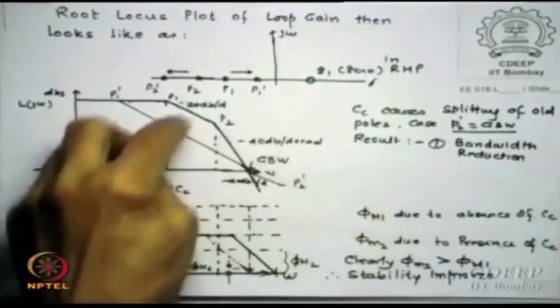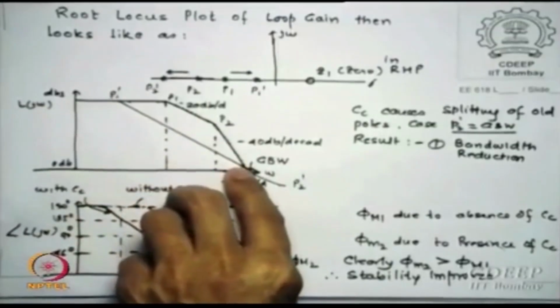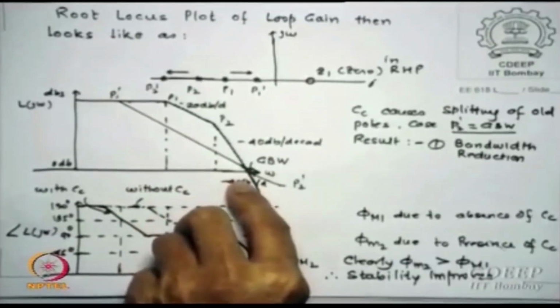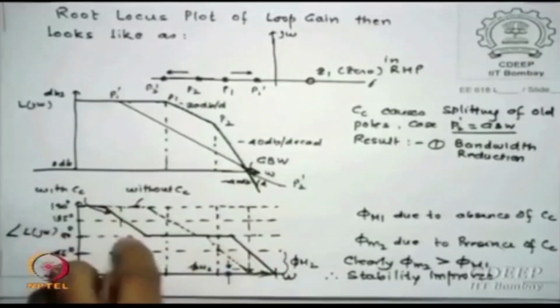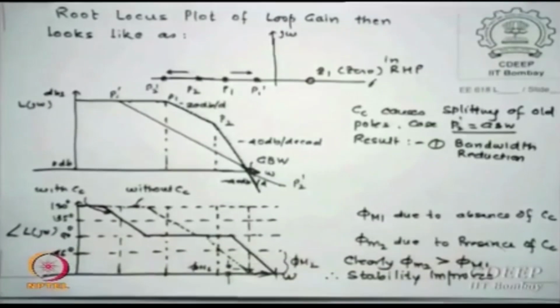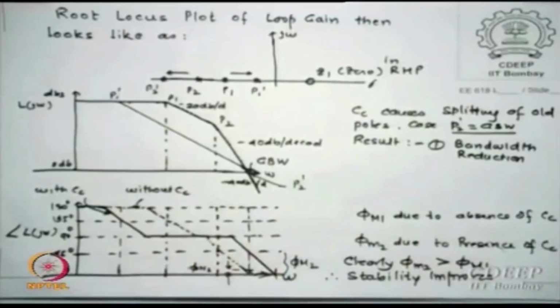I repeat, this P2 at least should, or not before, it should cross the GBW point at best, at least, okay. Because at this point then, if I plot this, I at least have 45 degree phase margin. Is that correct? Because at that second pole I should get 45 degrees, so the minimum margin I now reached is 45.